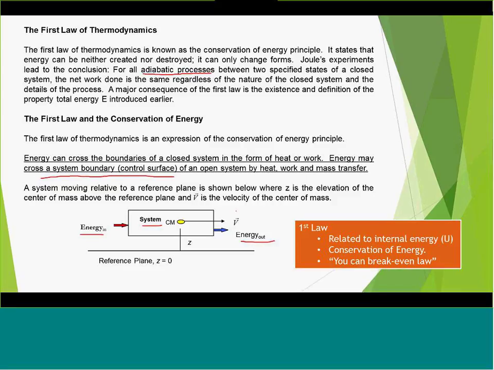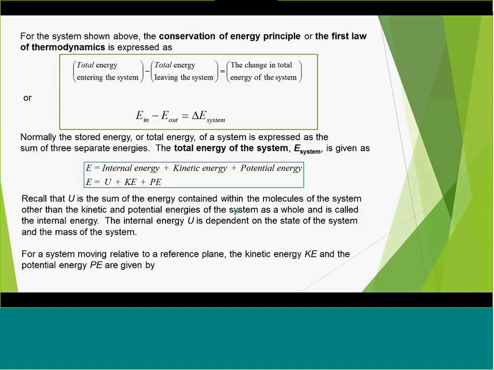Now, basically, for the conservation of energy principle, the total energy coming in minus the total energy going out is equivalent to the change in energy of the system. The total energy of the system includes the internal energy, kinetic energy, and also the potential energy.